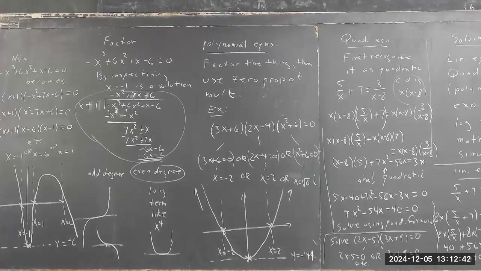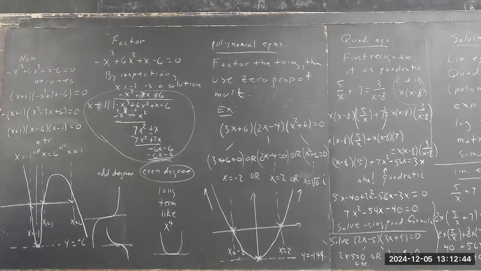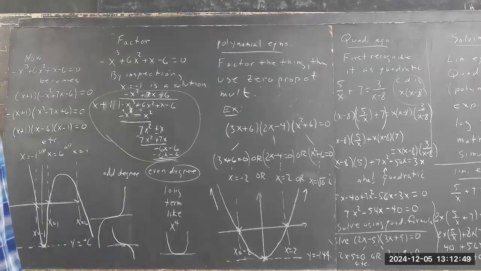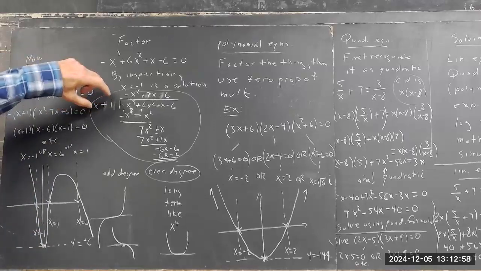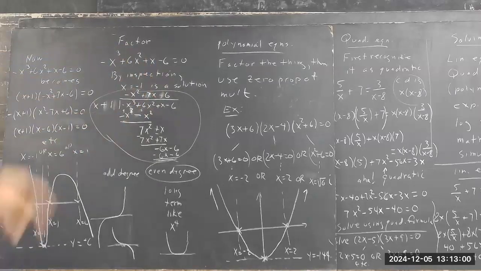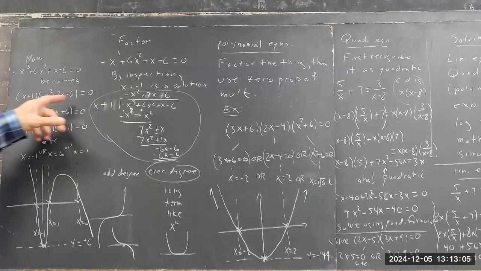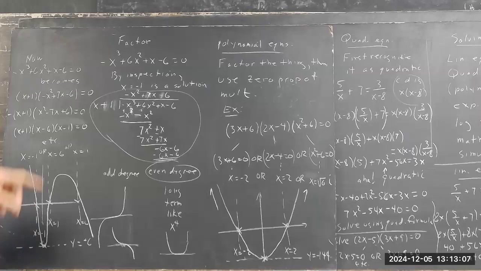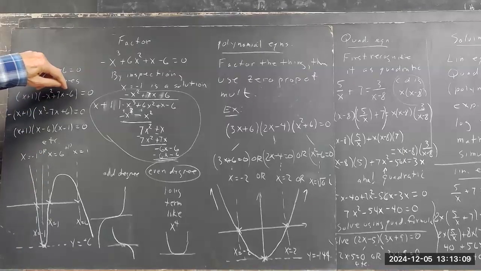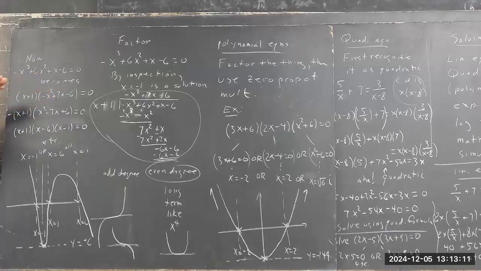I think a lot of what I wrote here isn't on the screen, so let me just quickly go over it. After doing the long division, I know that this thing equals this times this. There it is. Now I find that this can be factored. It's easier to factor if I use x squared minus 7x plus 6, which I can do just by multiplying through by -1.